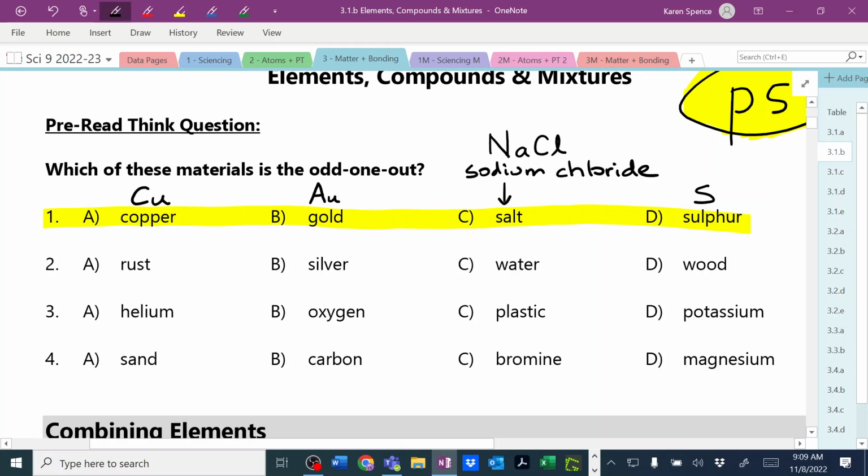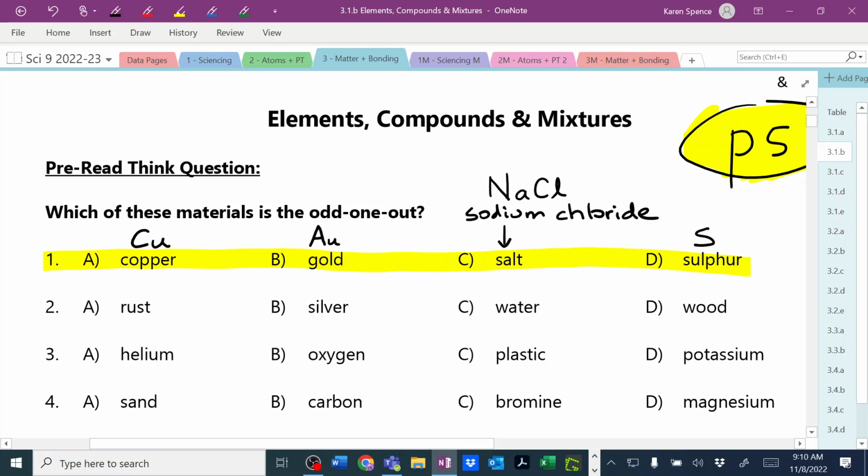NaCl, yes. And do you remember how you write the symbol for an element in terms of capital letters and lowercase letters? The first one is capital, any second letter will be lowercase. So if we look at NaCl, we have 2 capital letters.